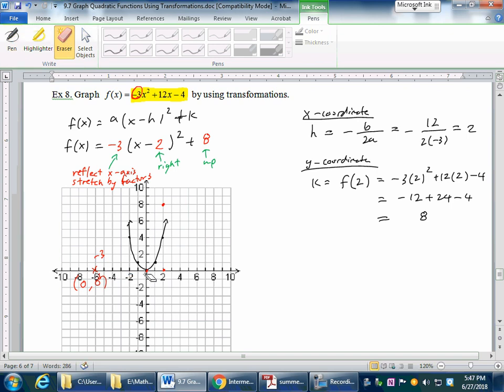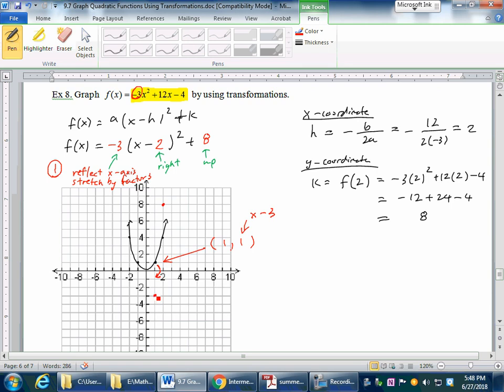Now, moving on to the next point. This point right here. That is 1, 1. First, we reflect. Always reflect and stretch first. So that means I'm going to multiply my y coordinate by negative 3, right? Reflecting it, so if I multiply by a factor of 3, 1 times negative 3 becomes negative 3.